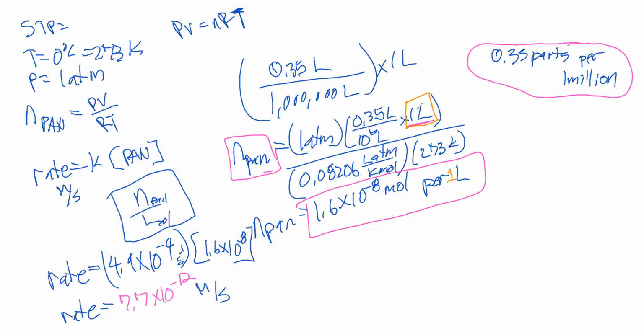Okay. So in some ways, what's going to happen is that these liters would cancel, our atms would cancel, our liters would cancel, our Ks cancel. And so we're going to find this in terms of moles. Right? So we find the number of moles. That number of moles came from 1 liter of sample.